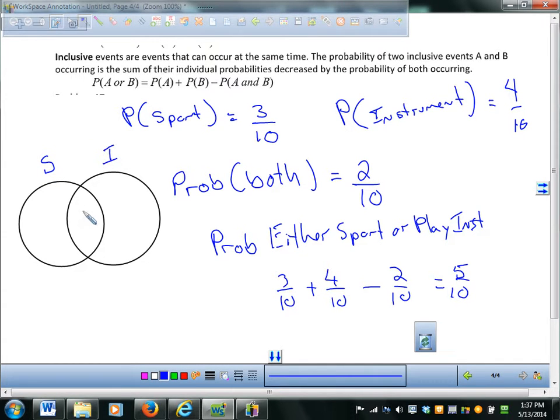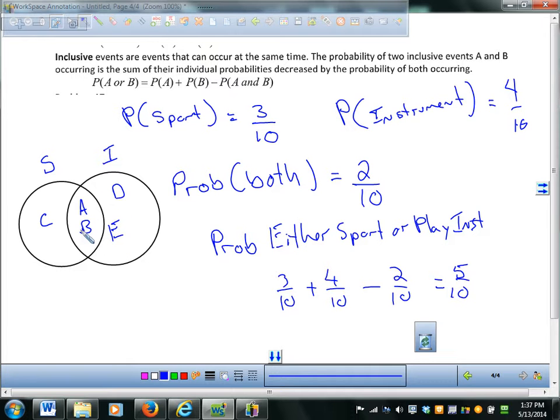In here I'm going to have person A, person B, but there's some people who both play a sport and play an instrument. There are 3 people who play a sport, and there are 4 people who play an instrument, so there's D and E over here.